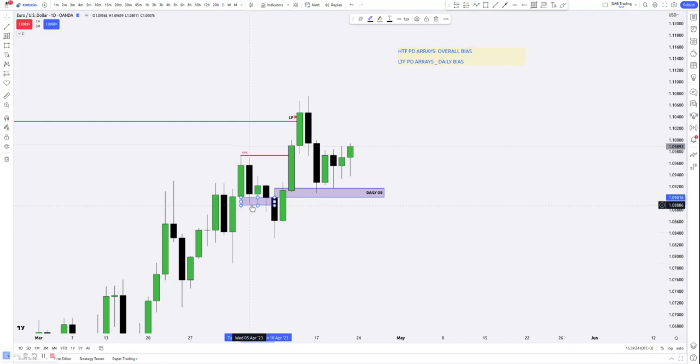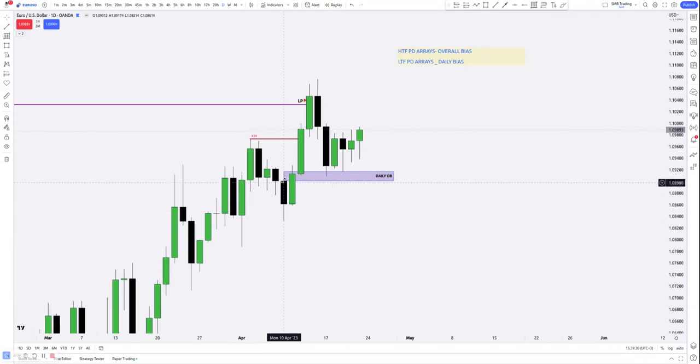that's just me. So now we are inside this bullish order block. And why am I using the second candle instead of the first one? I'll tell you why.